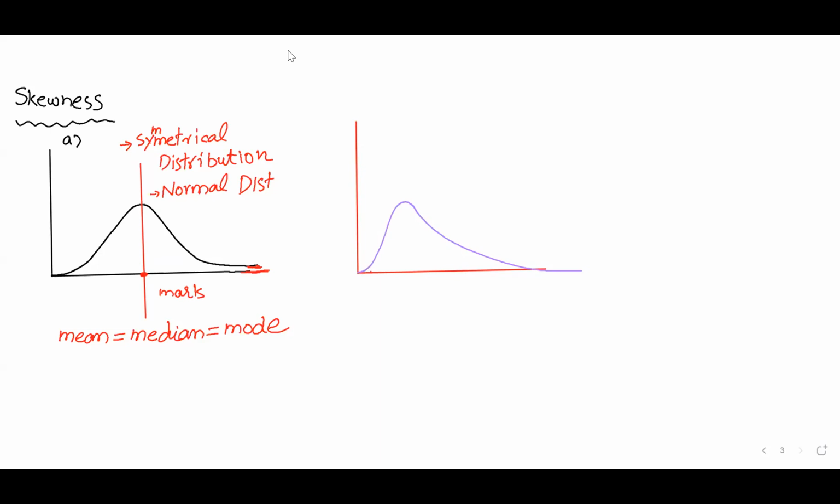So now if I make a line here, this is the point where most of the data lies. So this one will always be the mode. And the median will lie somewhere here and the mean somewhere here.